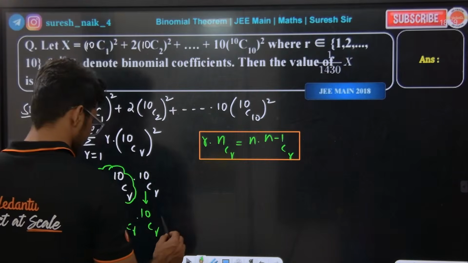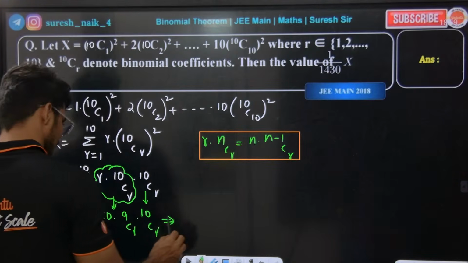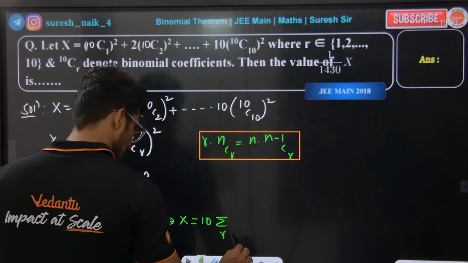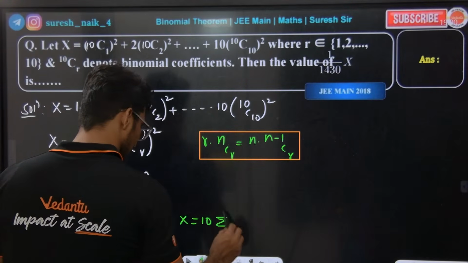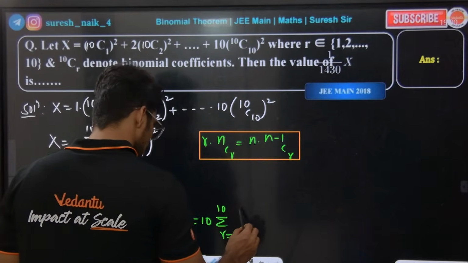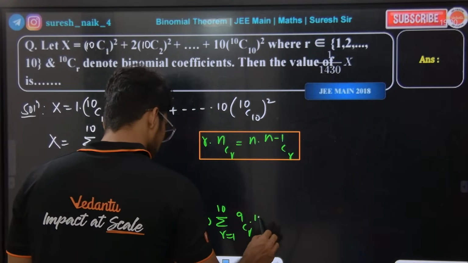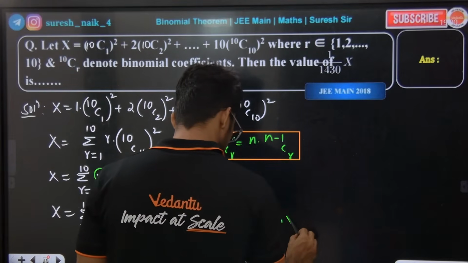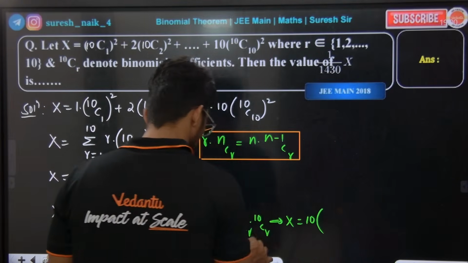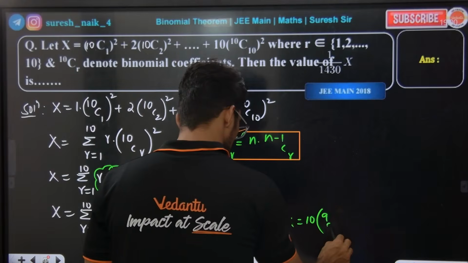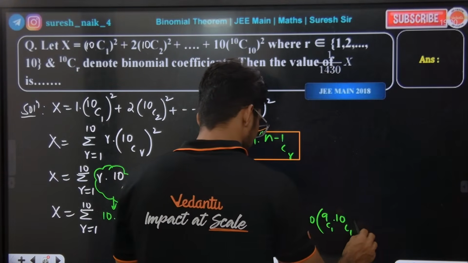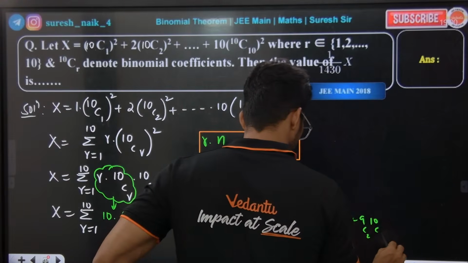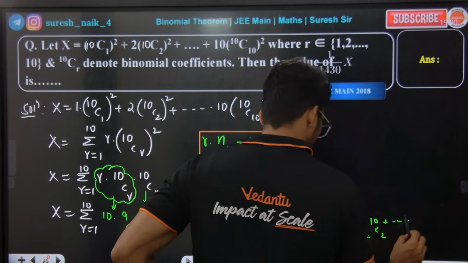Now tell me here. This 10 we can write in front: x is equal to 10 into sigma r is equal to 1 to n, n means 10 here, 9C(r minus 1) into 10CR. So 10 as it is, x is equal to 10 into r value 1 put 9C0 10C1, next 9C1 10C2, and so on.